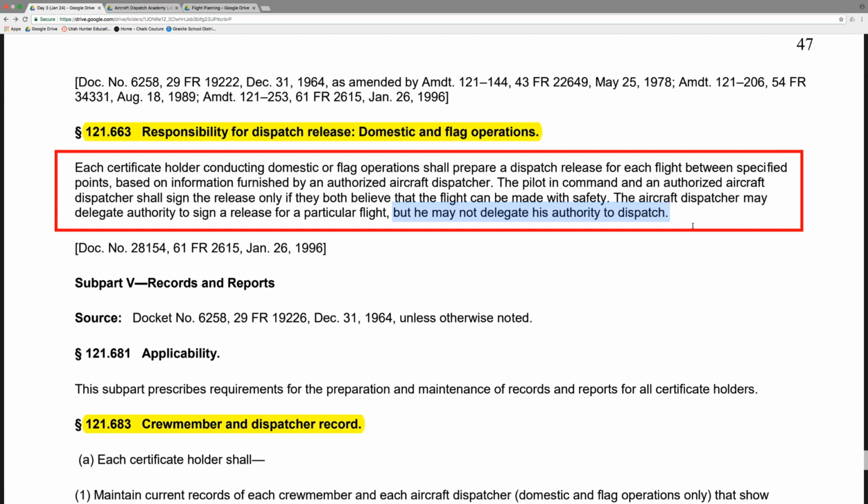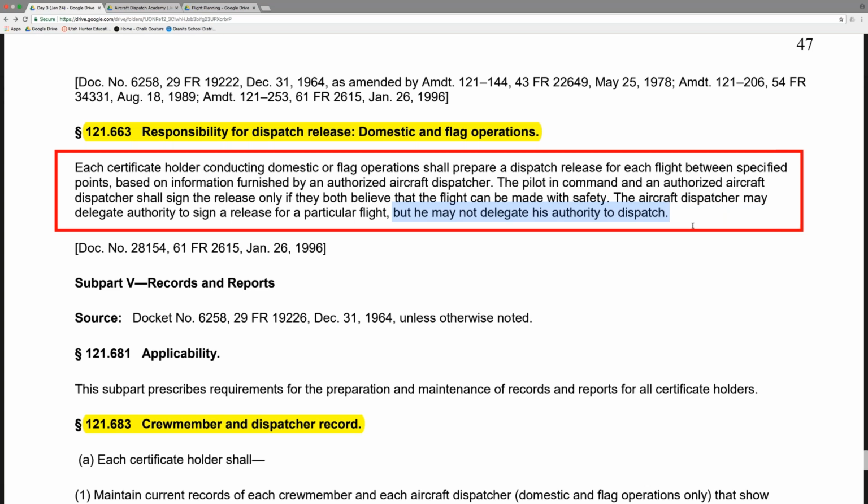So as a dispatcher, I can't tell one of you guys, even though you're a qualified, certified, licensed dispatcher, hey, Matt, I did this flight plan, but I don't think it's legal. What do you think? Do you want to dispatch it for me if you think it's legal?